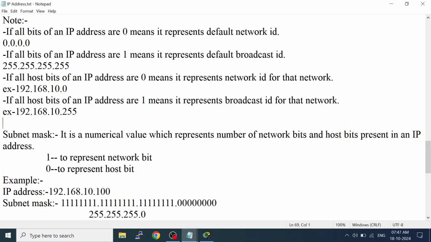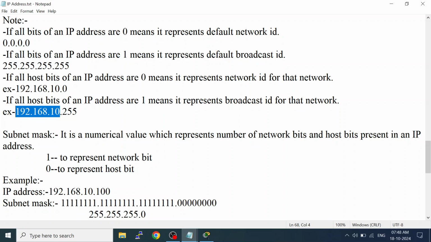Means if a broadcast message is sent on this IP, it will go only to the IP addresses which start from this network ID, not to the other IP addresses. Is this line clear? So always keep in mind, network ID and broadcast IDs are invalid to configure because they have different purposes and uses.